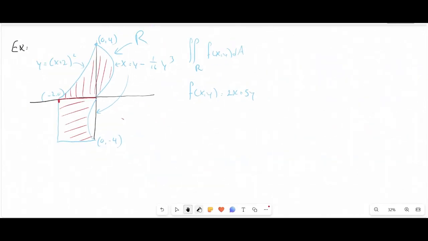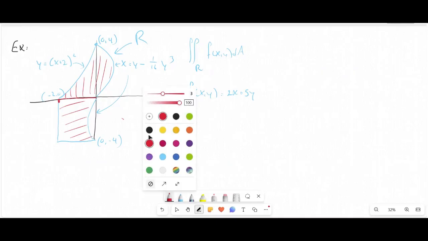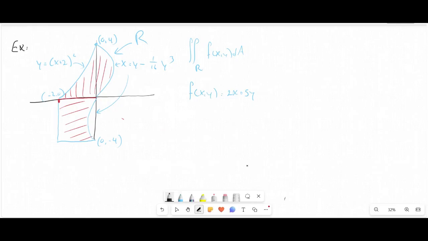Let's see if we can get this right. Well, this is one of the properties of integrals.